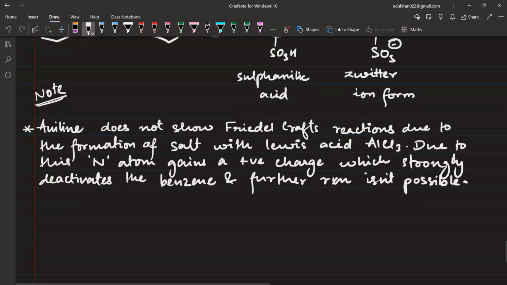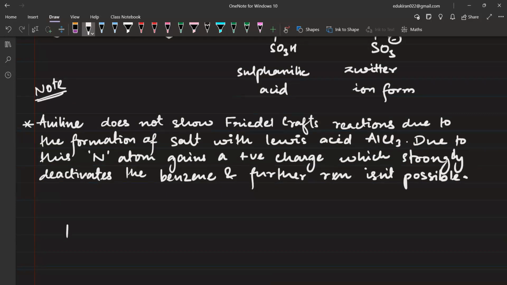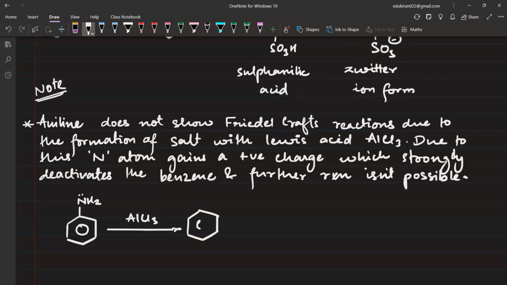Okay. If you want to write the salt, then you can write the salt also. We have NH2. Here we are going to have AlCl3. So this nitrogen atom has a lone pair. The aluminium atom has a vacant p orbital, it is only making 6 bonds.